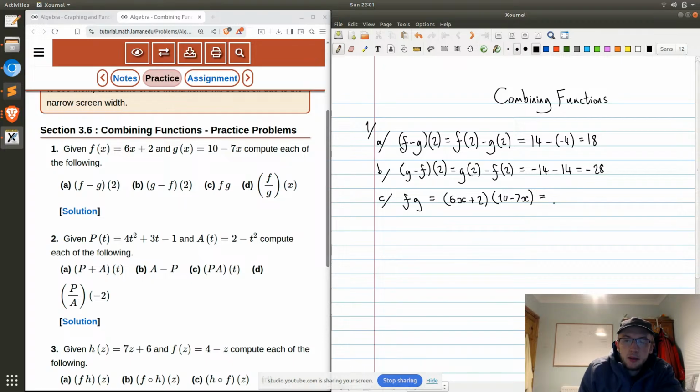And for this, we employ the rule FOIL, first, outside, inside, last, or simply straightforward expansion. So that would be negative 42x, plus 60x minus 14x, which is 46x. Oh, that should be negative 42x squared. So plus 46x, and then plus 20.